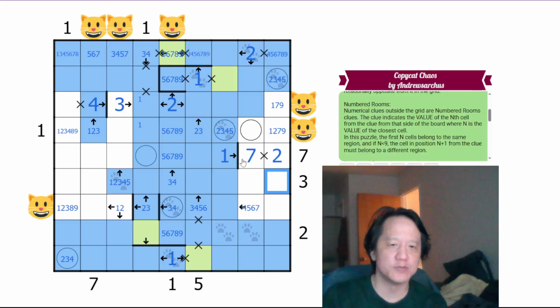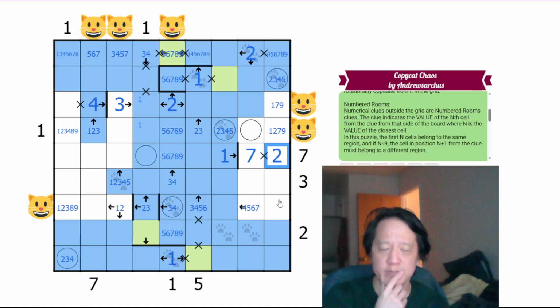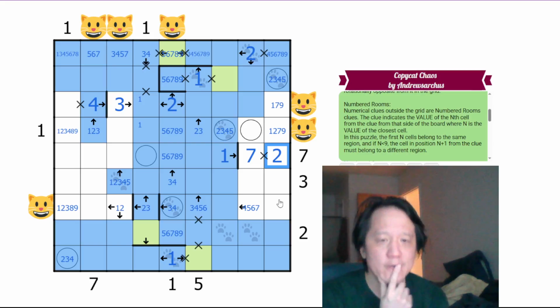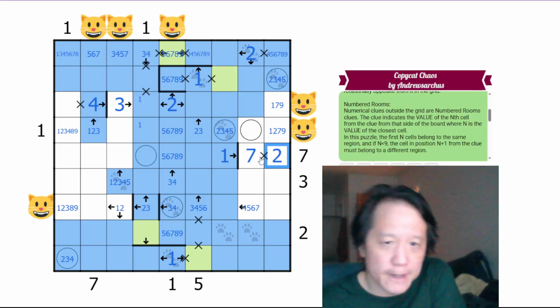What about this? We don't have anything restrictive there. 2, we don't really have anything. This is a value of 2. It could be a 2 by itself, but we don't know. Okay.